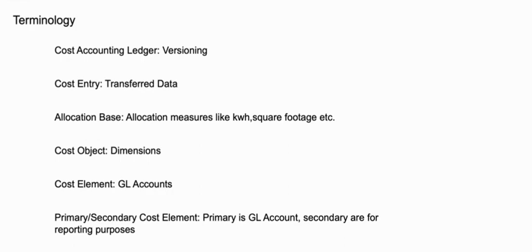We have also primary and secondary cost elements. Primary cost element is your GL accounts, and secondary are like GL accounts, but you can set up manually. You cannot set up a primary cost element because the system just lets you use the secondaries for that purpose. GL accounts are automated into your module according to your setup, of course.